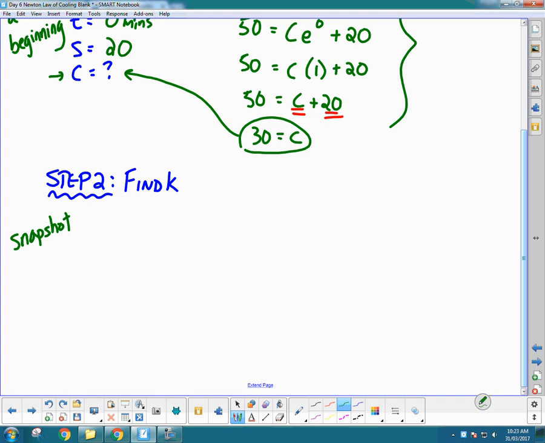We have to find a snapshot of the scenario. We're still going to use the same formula, C e to the kt plus S, but now we're going to get all of our variables at some snapshot.